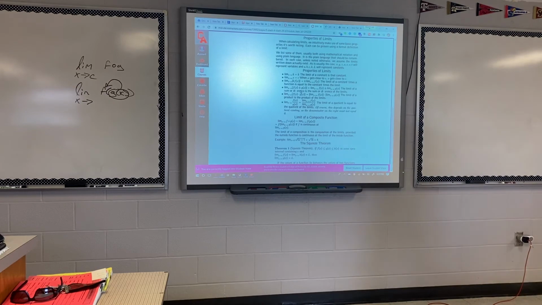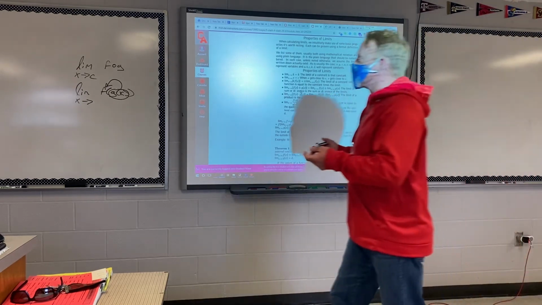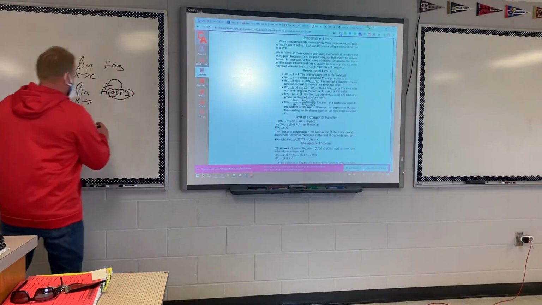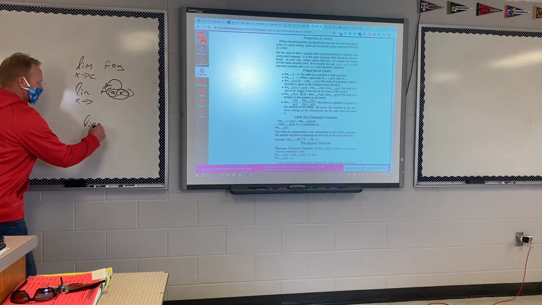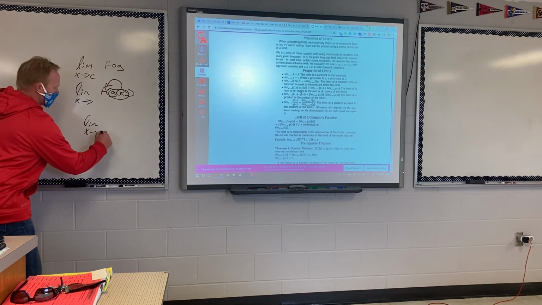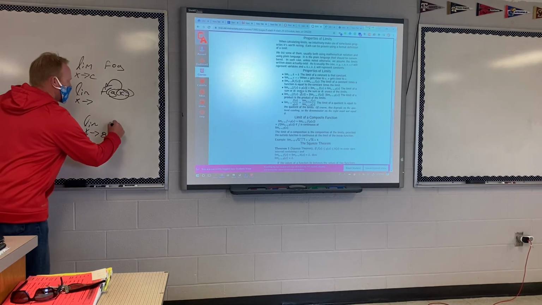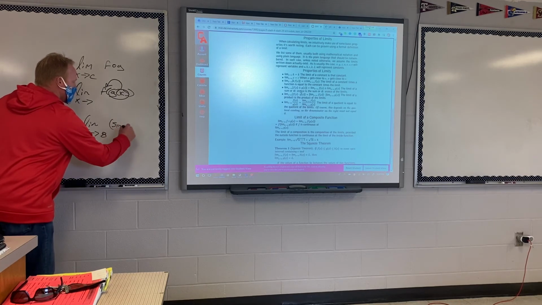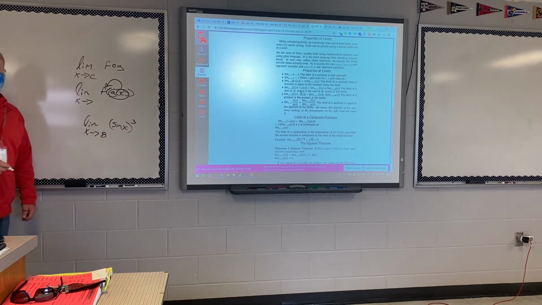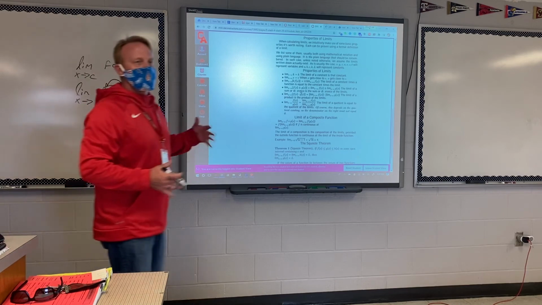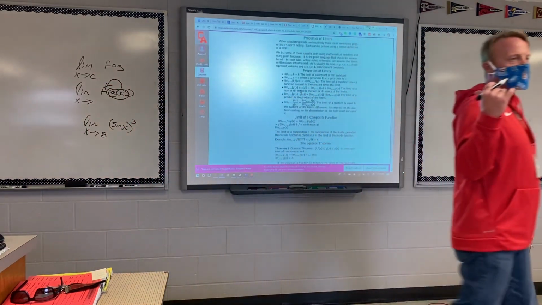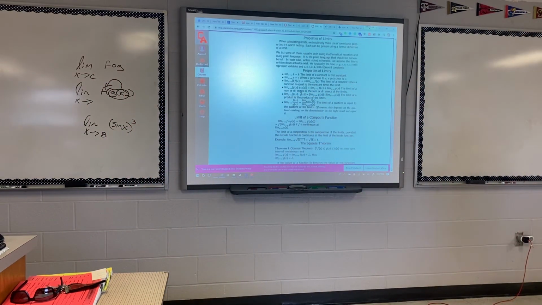So an example of that would be, let's say I have the limit as x approaches 8 of sine of x, and then that thing cubed. What's my inside function on that one?